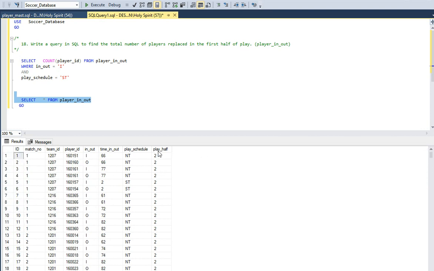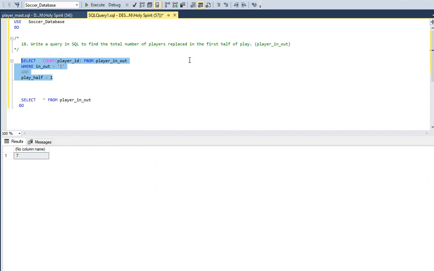Play half, this one we need. Is equals to first one, 1. Execute. 7. That is the answer. Simple.